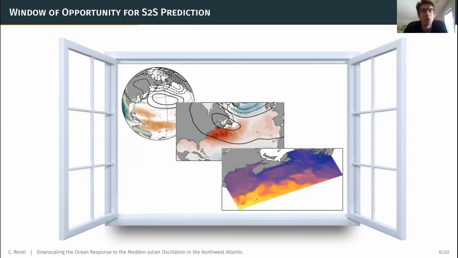What do I mean by window of opportunity? Well, if we have the Madden-Julian Oscillation, here shown in this global view, and it acts as a source of Rossby waves, which has been shown to influence the mid-latitude weather shown here by the circulation, then the changed weather circulation over the North Atlantic, for example, should also change the ocean in return.